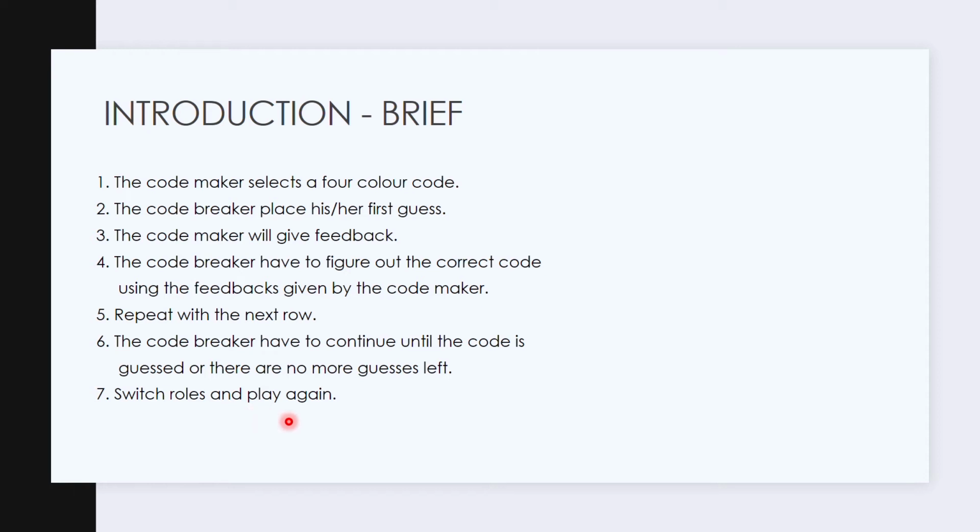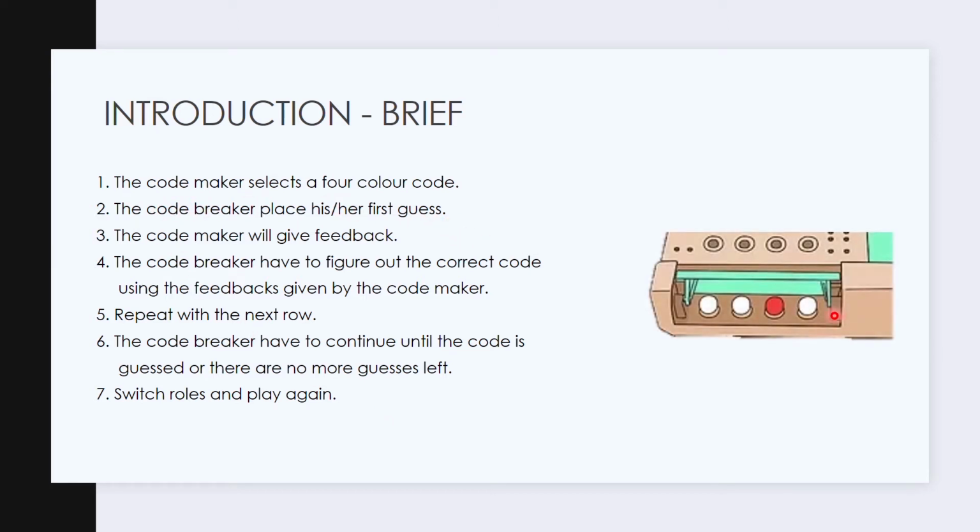Now, let me show you a brief of how to play the Mastermind game. The first step is, the code maker will select a 4-color code. Mastermind board game has a row of holes set apart at one end of the board, hidden under a shield. The code maker secretly takes a few color packs and places them in the row of holes, in any order.